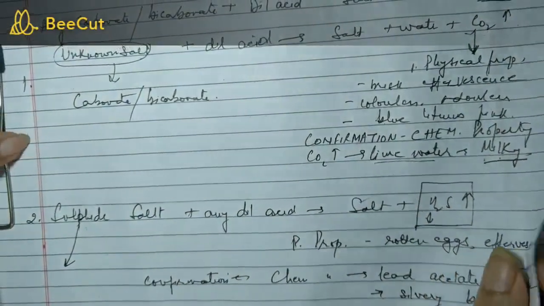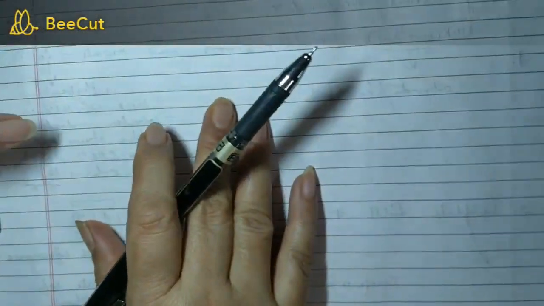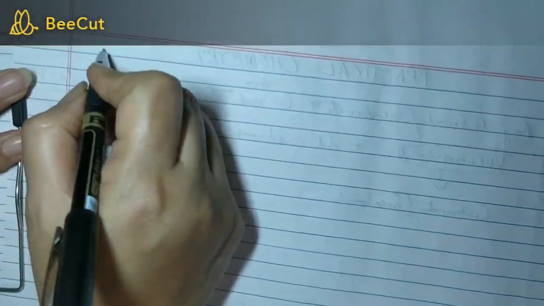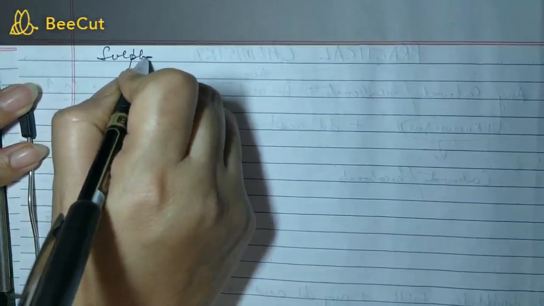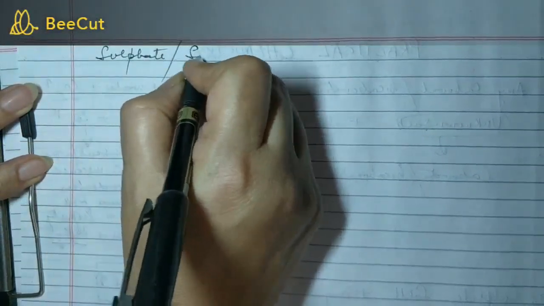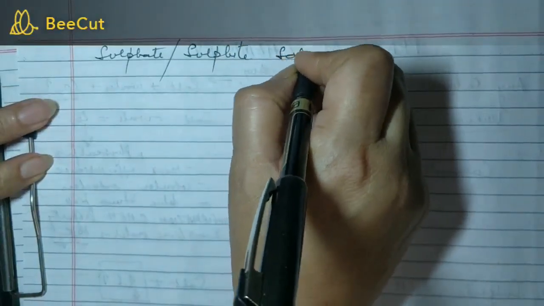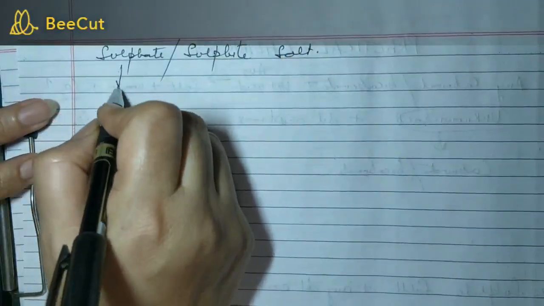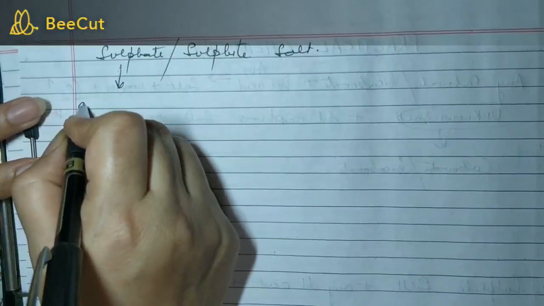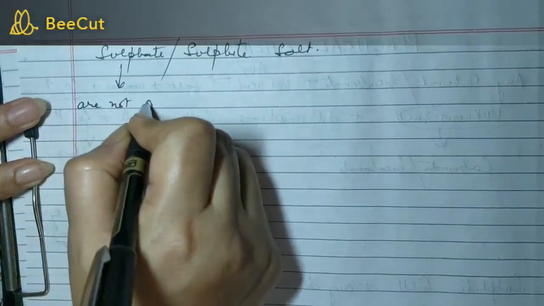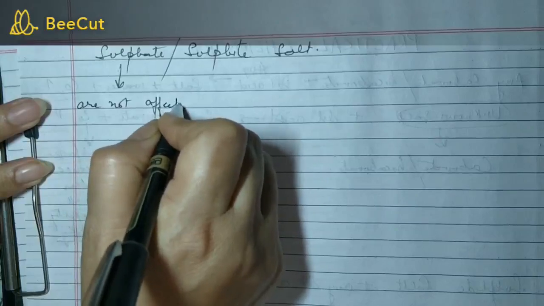Then I am also going to talk today about how to differentiate between a sulfate and a sulfite salt. Now remember children, most of the sulfate salts are not affected by any acid.